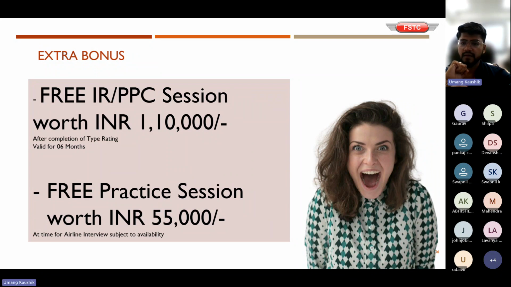That is the fee. But if you do your type rating with FSTC, then rest assured you are covered for the next 6 months. Plus point. If you do your IRPPC within those 6 months, first, you get it free.